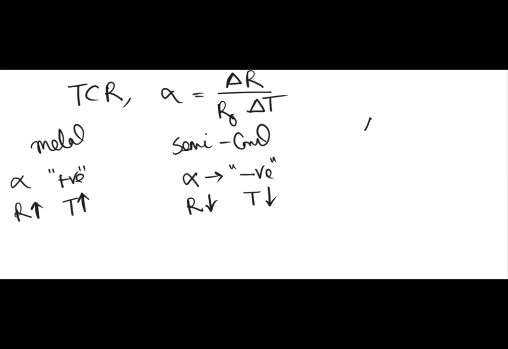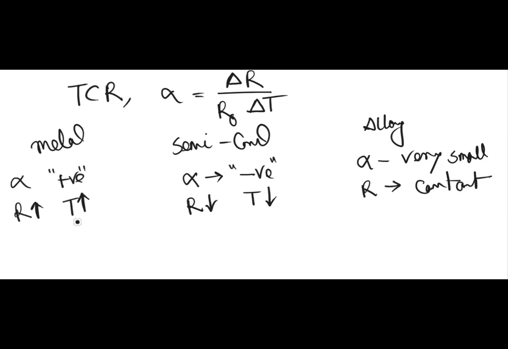For alloy, the best examples are manganese and constantan. For alloy, alpha is very small, and resistance is always constant. It means that in alloys the resistance is not changing, so this is constant.